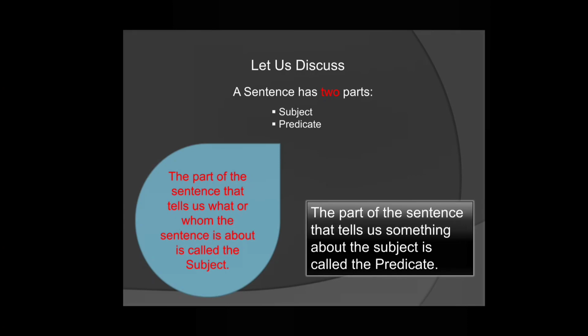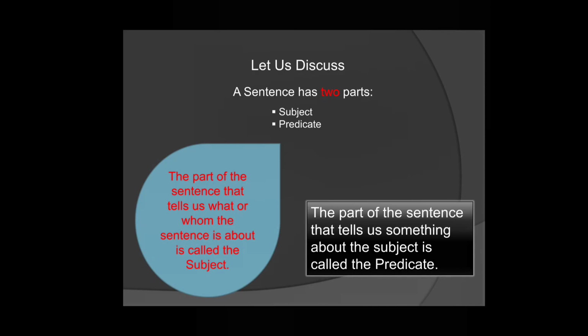It is necessary to have 2 parts in a sentence, that is subject and predicate. Simply, a subject tells us about what or whom the sentence is talking about, and the predicate is that part of the sentence that tells us something more about the subject. Now, what is a subject? The subject is about what or whom the sentence is talking.